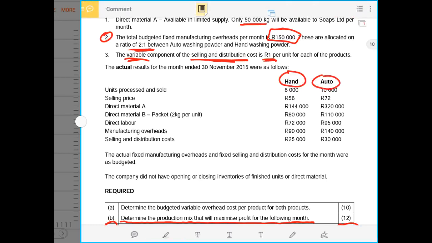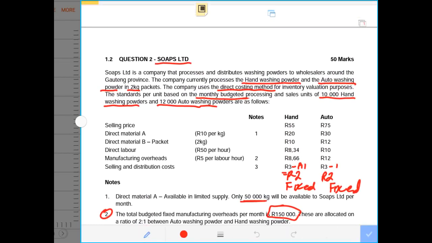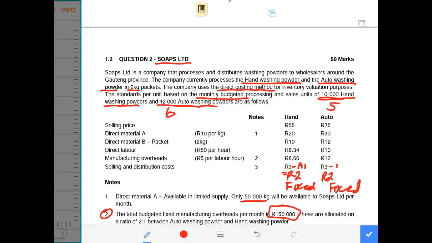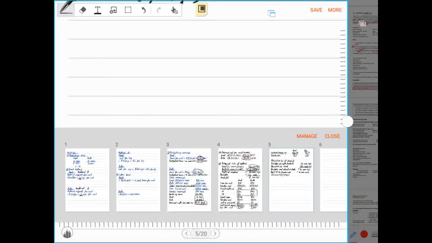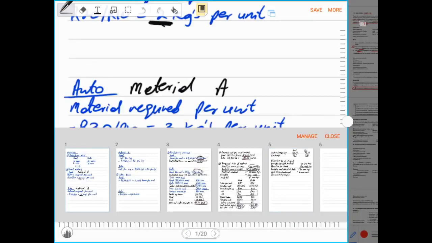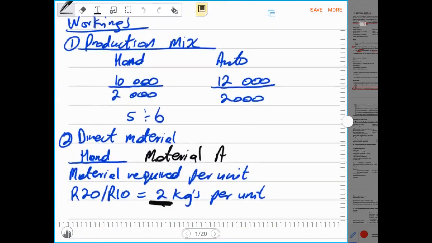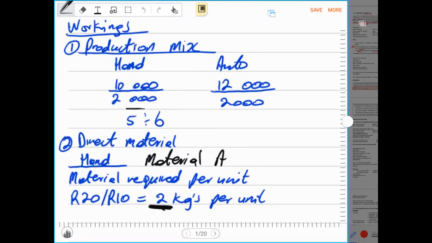If you remember, our production mix was calculated as 5:6. So let us first go and check how much our production mix was.